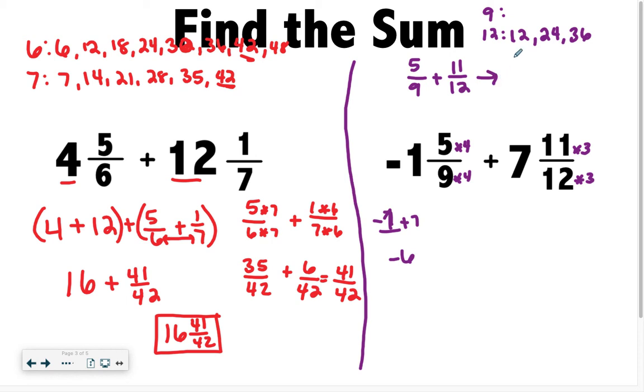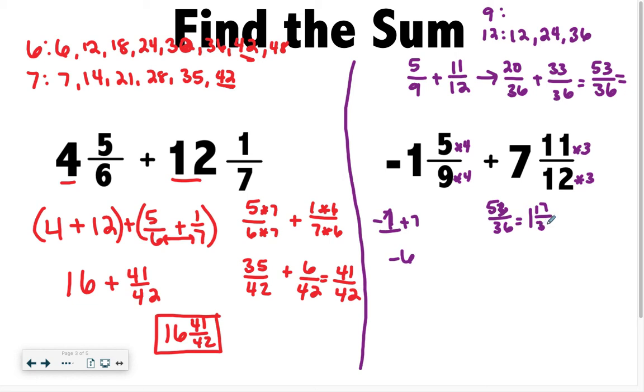So then this would become 5 times 4 would be 20 over 36 plus 33, because 11 times 3, over 36, and that is 53 over 36. Now if I simplify that, 36 goes into 53 one time with 17 left over.